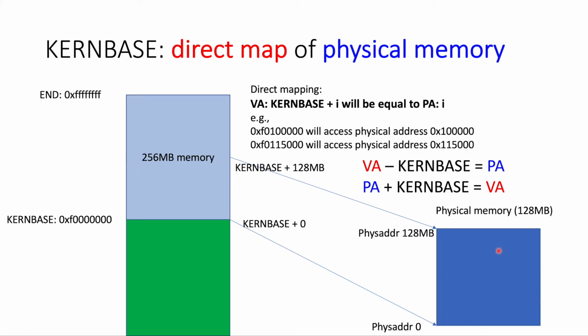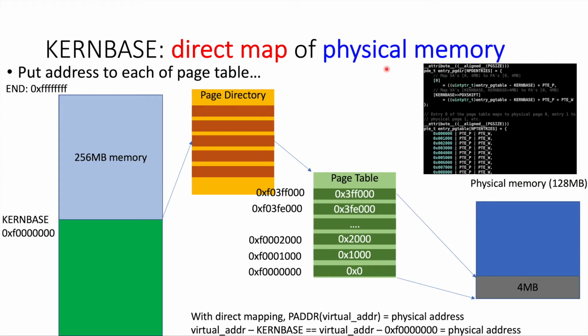Let's take a look at how exactly this enables a direct map of the physical memory and how it enables access to it. To map a virtual address to a physical address, we use the page directory and page table. Suppose you try to access KERNBASE, F0000000.